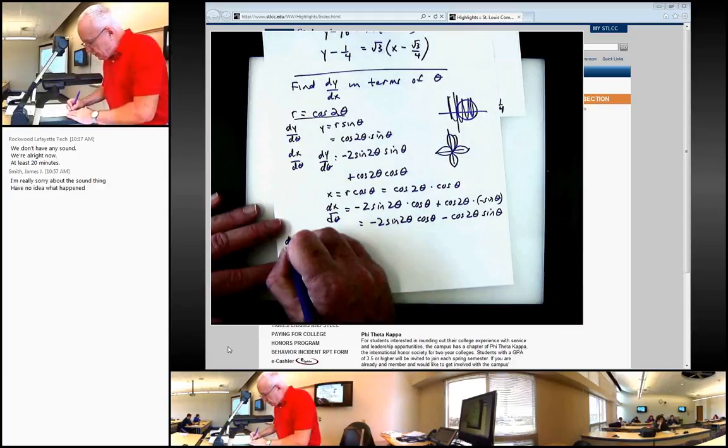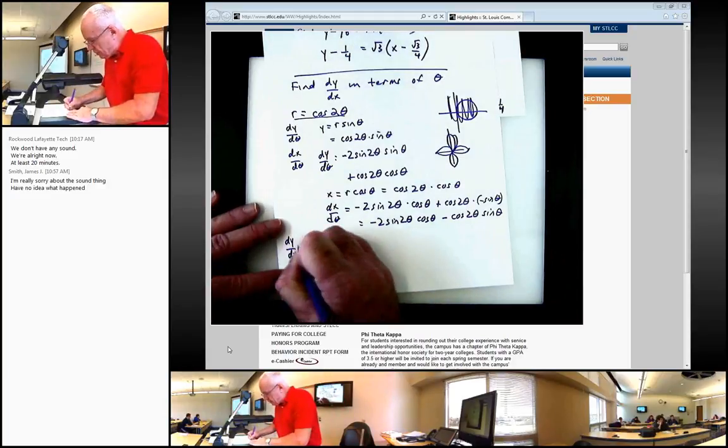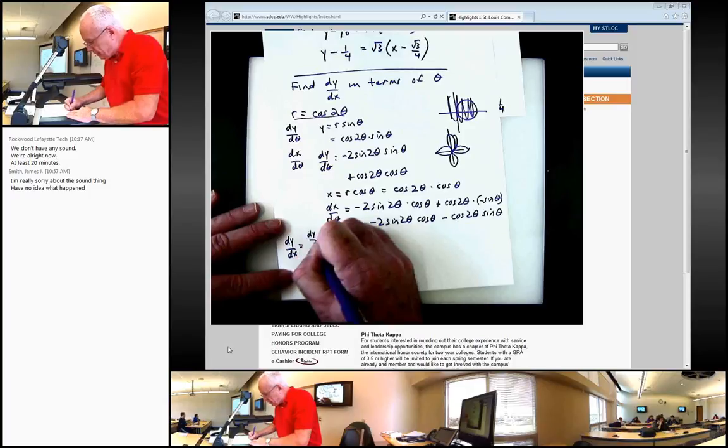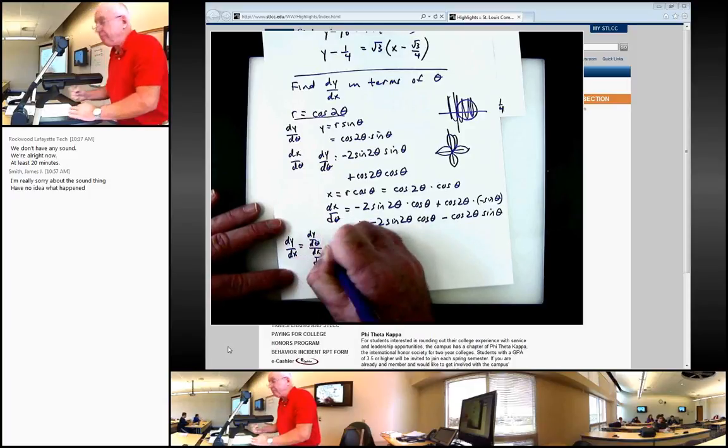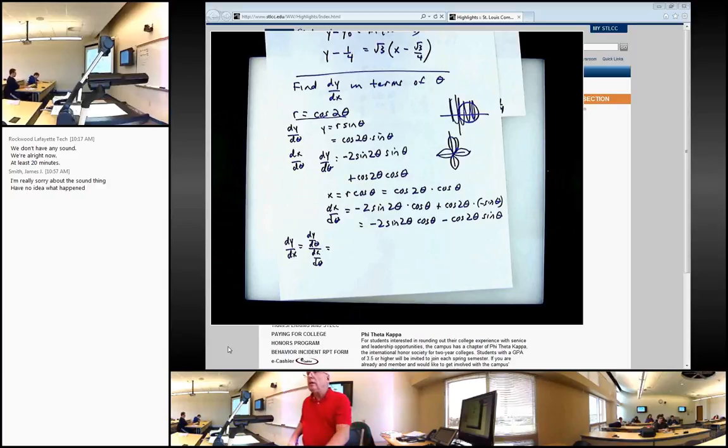So therefore, dy/dx is equal to dy/d theta on top over dx/d theta on the bottom. We're going to get quite a little formula here.